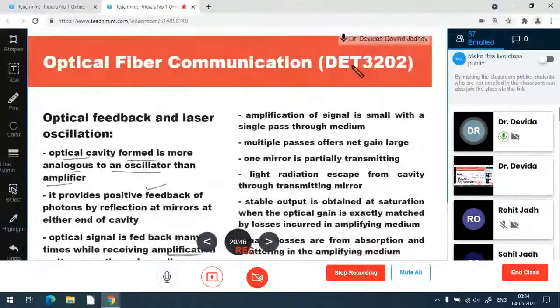Amplification of the signal is small with a single pass through the medium, but if there are multiple passes of the photon, it offers a large net gain. One mirror is partially transmitting, the other mirror is fully reflecting. Through the partially transmitting mirror, light radiation can escape from the cavity, and this is the partially transmitting mirror.